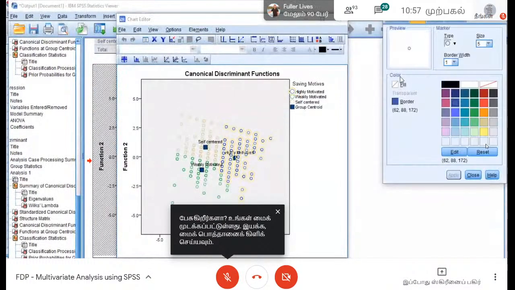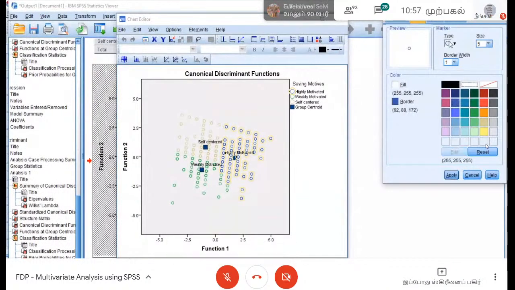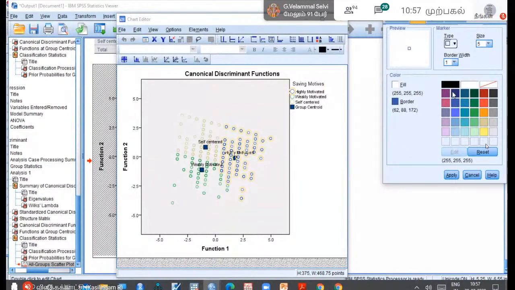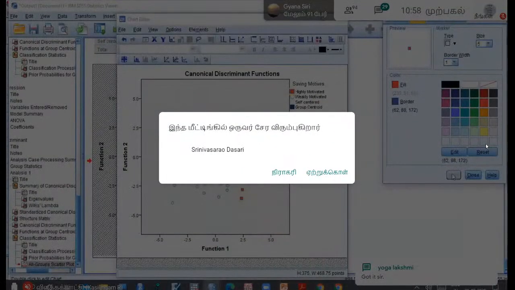Now, what I can do is change the type, I can change the square, then I can change the fill pattern, I can change the color to red. So apply, then red will come. The design will change. Like that, I will make design changes.